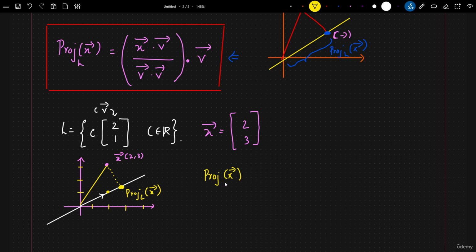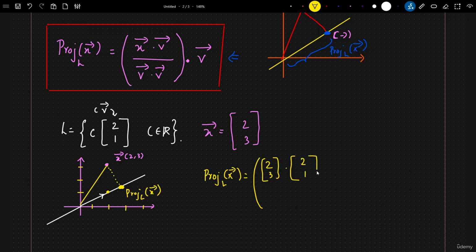Now I think it should be very easy for you all. The projection of x vector on L is, first of all, x vector dot v vector. What is x? x is 2, 3, dot product with vector v. What is the vector v over here? It is 2, 1.